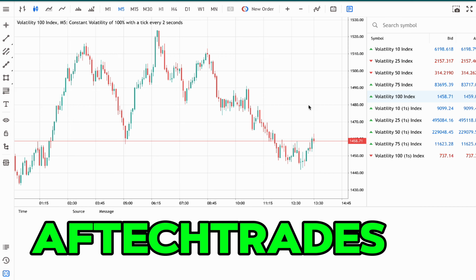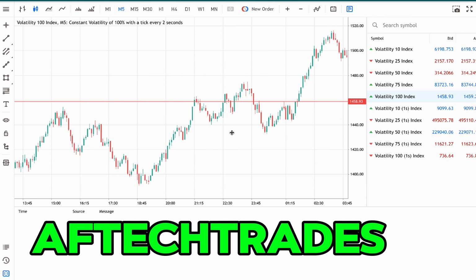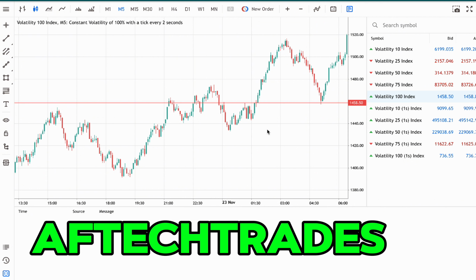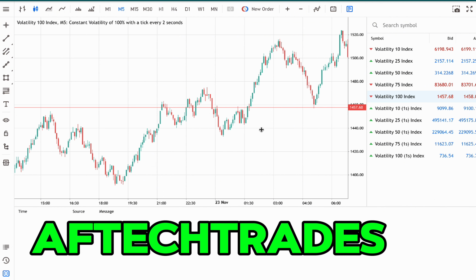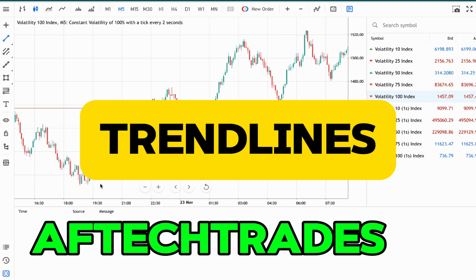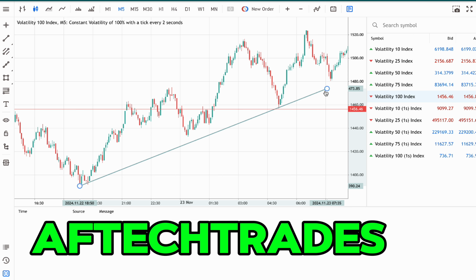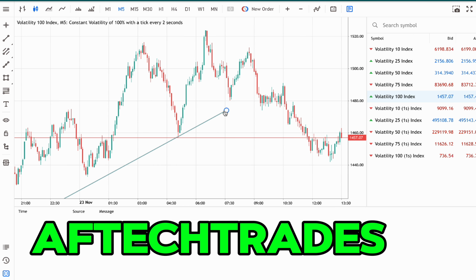So the number one thing that I observe with this index is that it works perfectly with trend lines. You can see it works perfectly with a trend line.